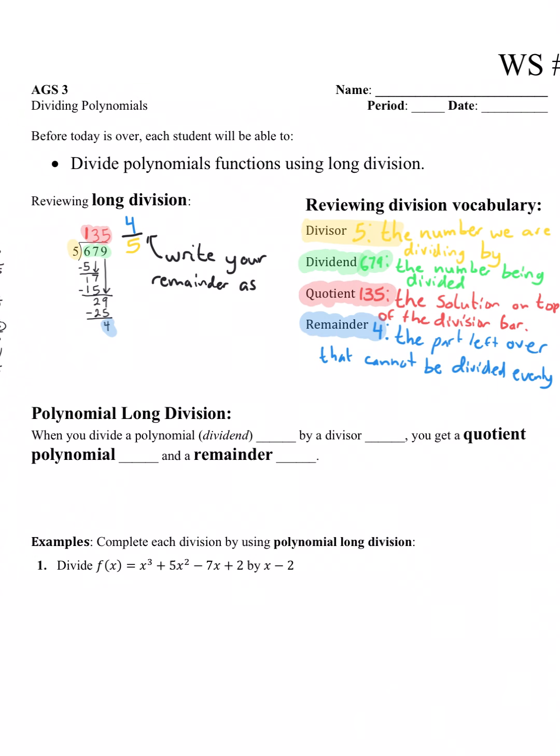And you're always going to write the remainder over the divisor. As a fraction over the divisor. That's really important there.